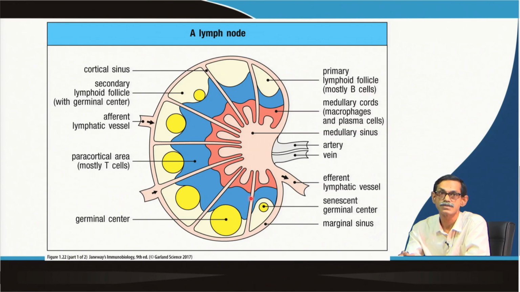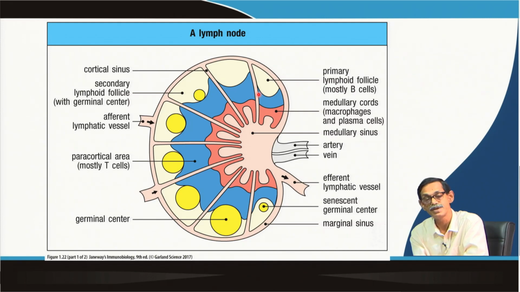Okay. If you remember the color code, we always show that B cell is yellow in color and T cell is blue in color. So, here this blue and yellow mean the same thing: the blue region means this region is packed with T cells.